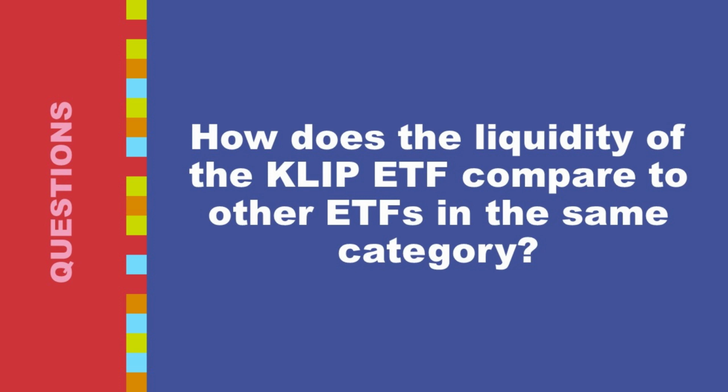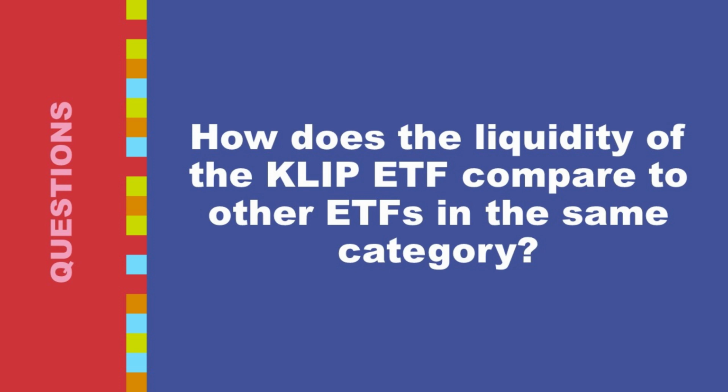Here's a breakdown of how the liquidity of the KLIP ETF might compare to other ETFs in the same category, China Internet or covered call ETFs. KLIP ETF liquidity. KLIP itself likely trades on a major exchange, presumably US-based.